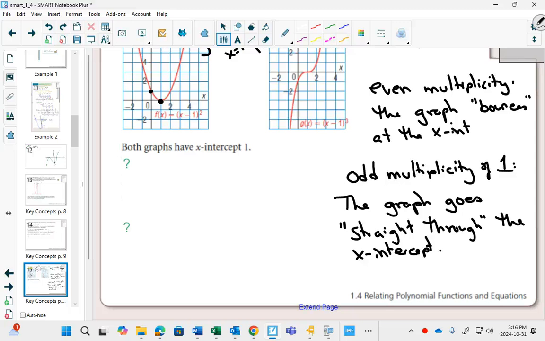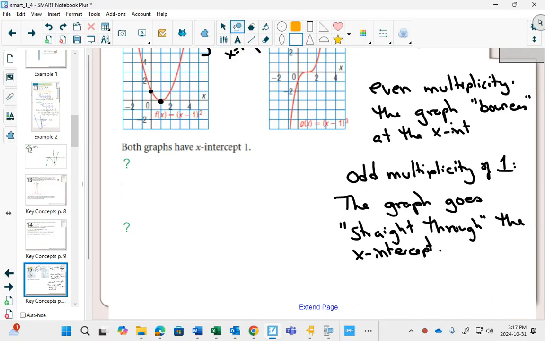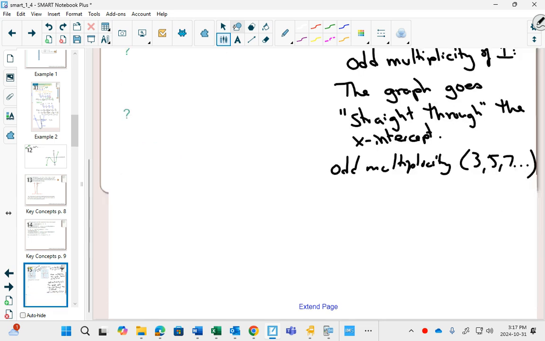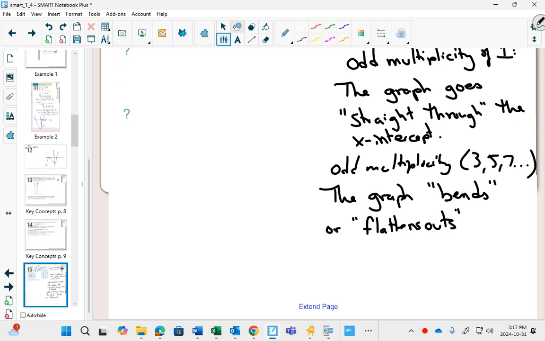But if we have an odd multiplicity bigger than 1, of 3, 5, 7, and so on, you can either describe it as the graph bends, or this is a really nice one, flattens out at the x-intercept.